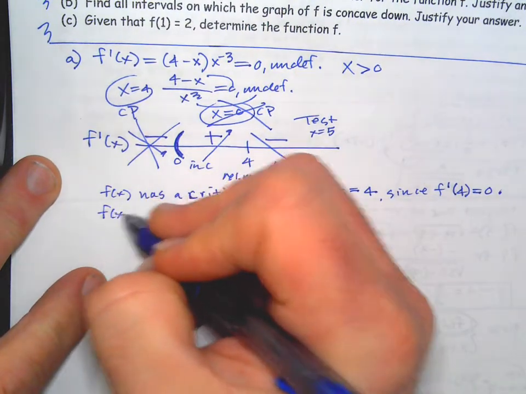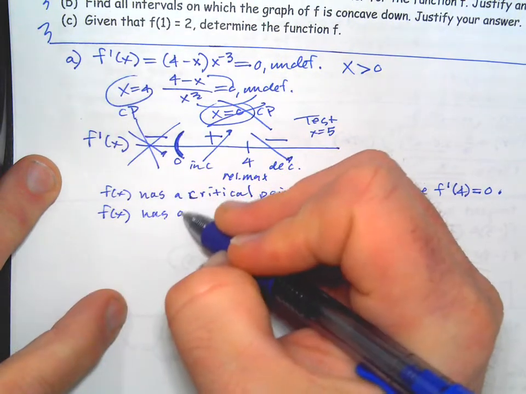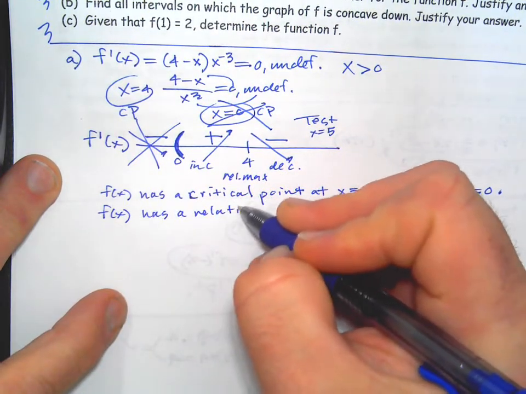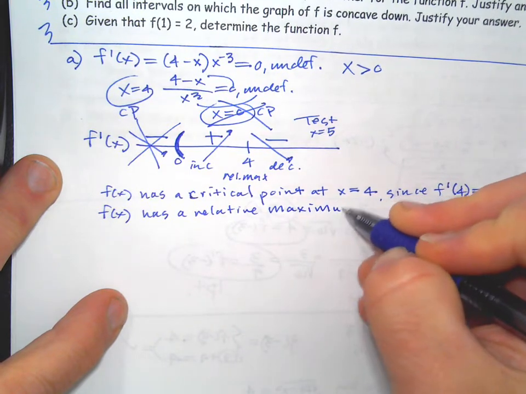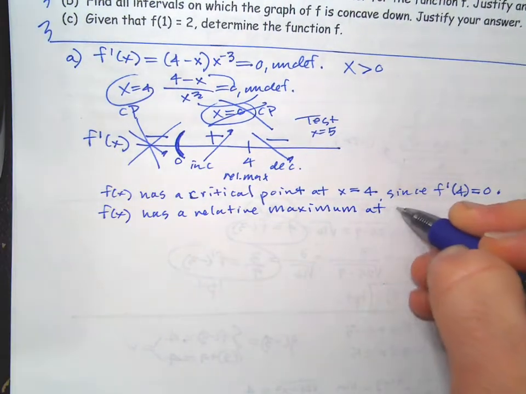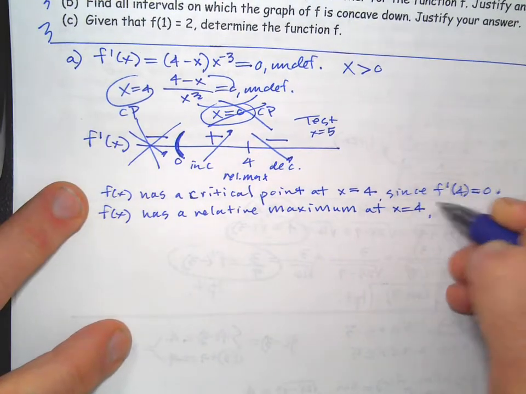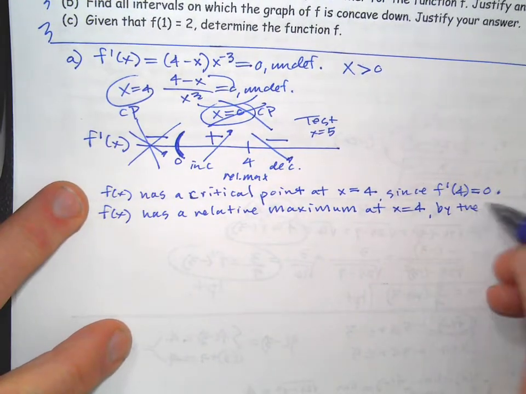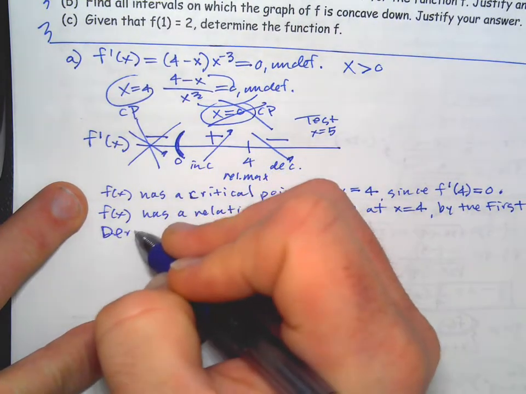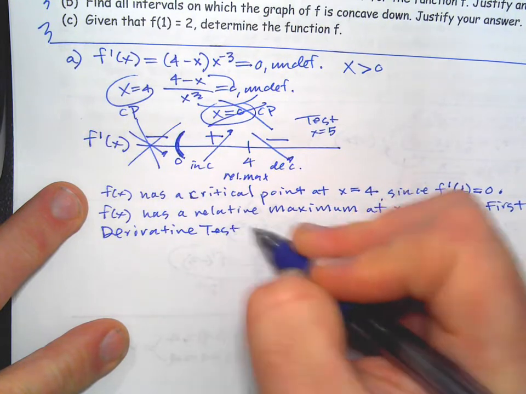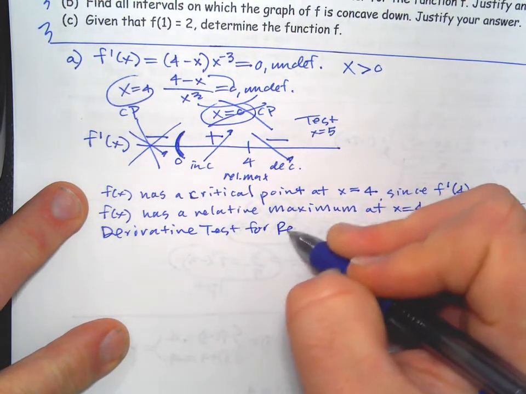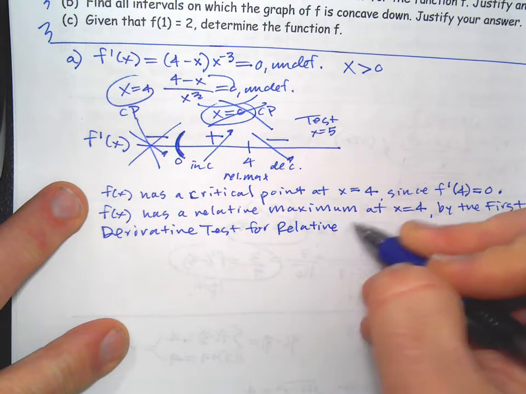f of x has a relative maximum. I'd write this all out. Relative maximum at x equals 4 by the first derivative test for relative extrema.